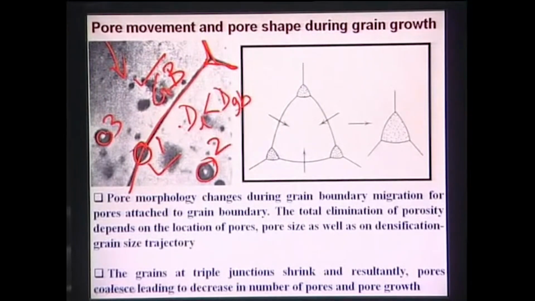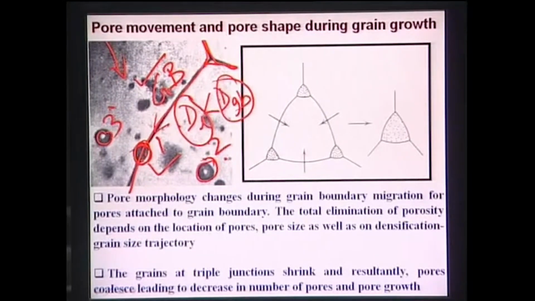For pore number 1, the grain boundary diffusion process is much more active, and if grain boundary diffusion is faster, removal of pore number 1 is much more likely compared to pore number 2 and pore number 3, because for these two pores, lattice diffusion has to take place, and lattice diffusion is always slower compared to grain boundary diffusion.